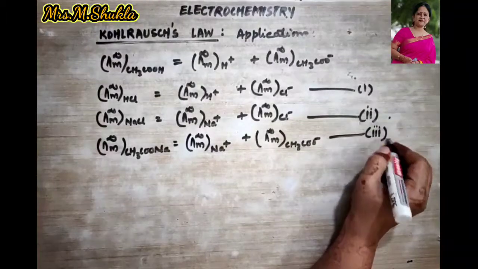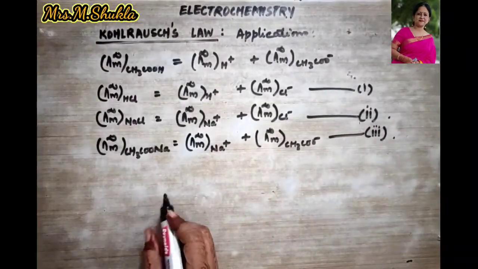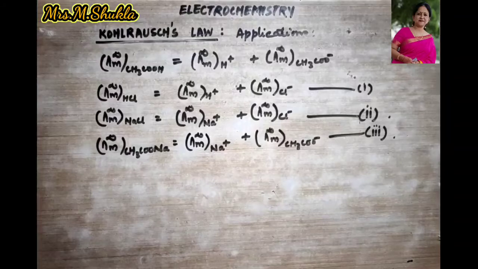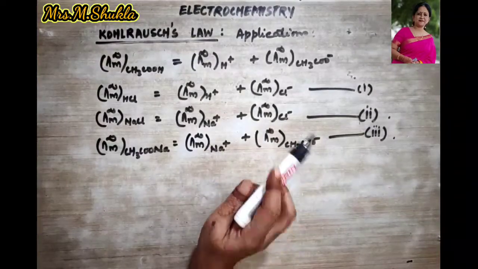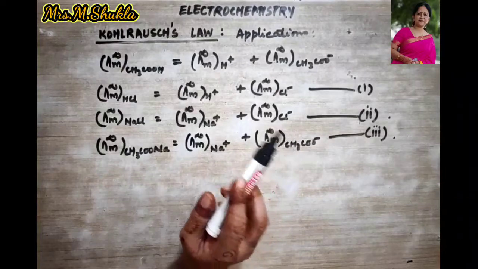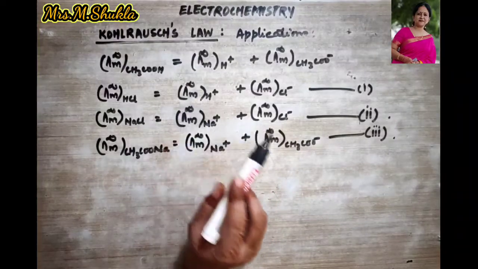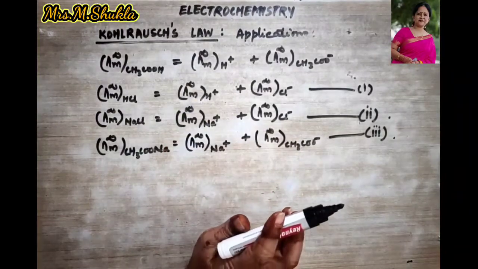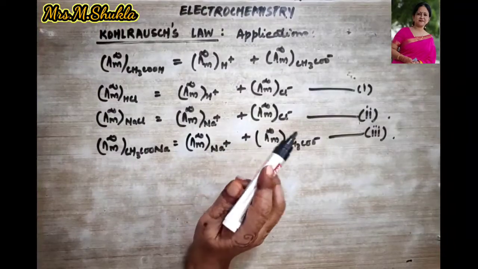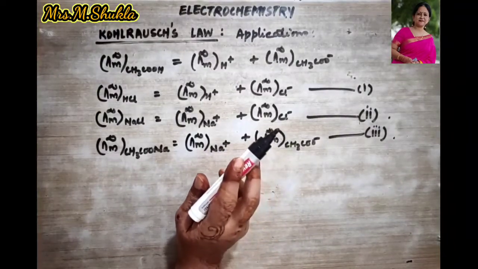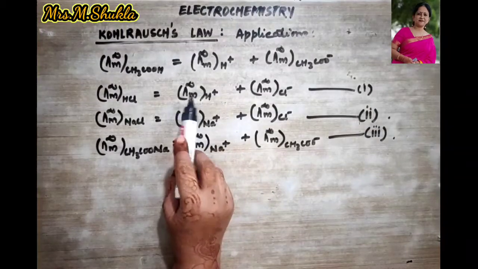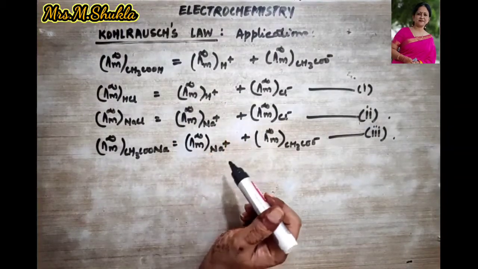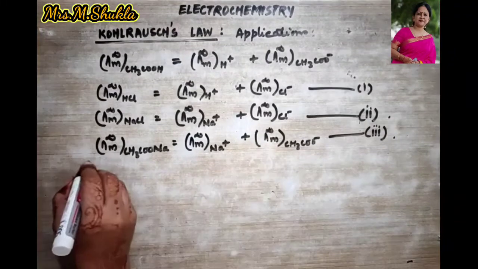This is your third, right? Now if you see over here, we subtract equation 2 from the sum of equation 1 and equation 3. So what are we going to find over here? What did I say? If we subtract equation 2 from the sum of equation 1 and equation 3.